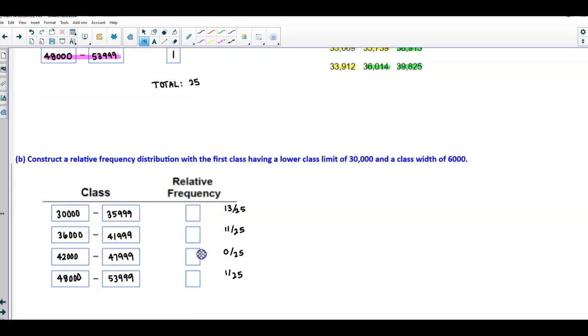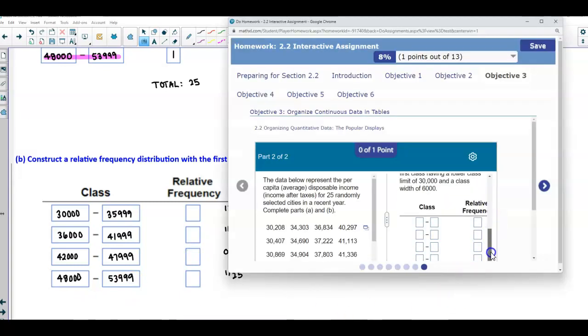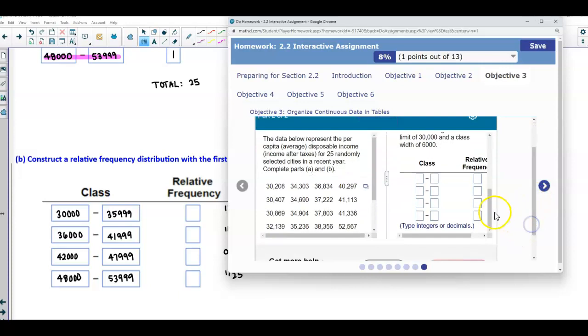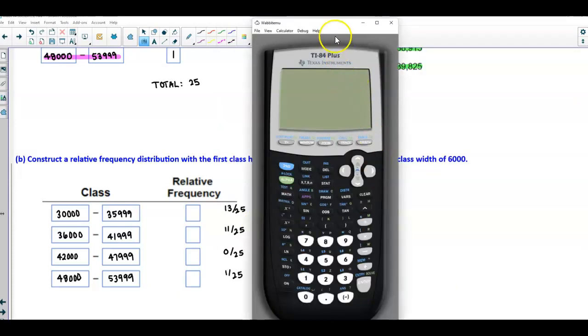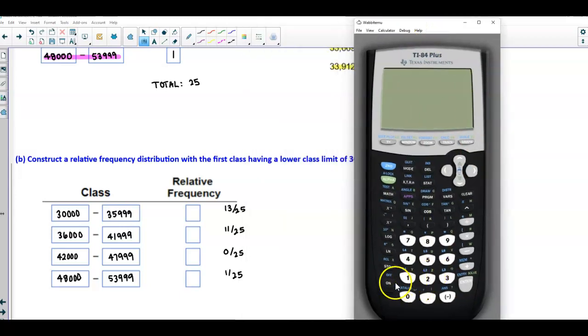Now the problem wants us to type integers or decimals. So let's find out what 13 divided by 25 gives us. 13 divided by 25 gives us 0.52.